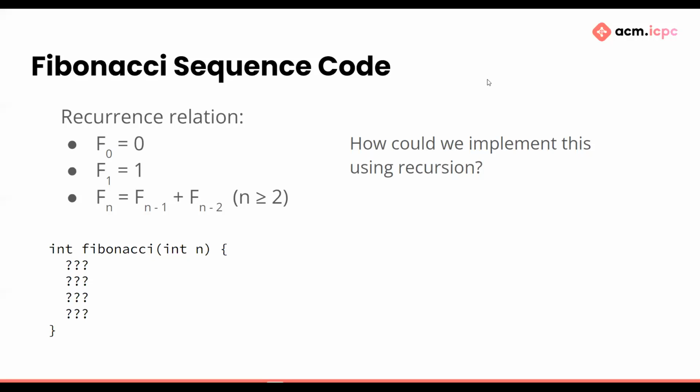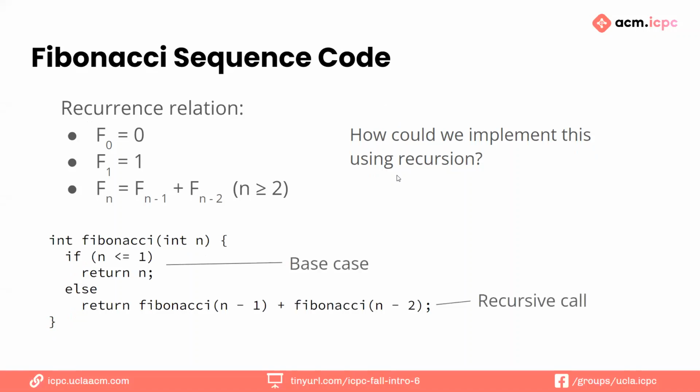Okay, hopefully that was enough time just to think about it for a second. Again, we're just going to use these little exercises to get your brain thinking, but to go over exactly what you would do in this case, like with factorial, we have our base case here where we check this time if n is less than or equal to 1, because we have two base cases of f of 0 being equal to 0 and f of 1 being equal to 1.